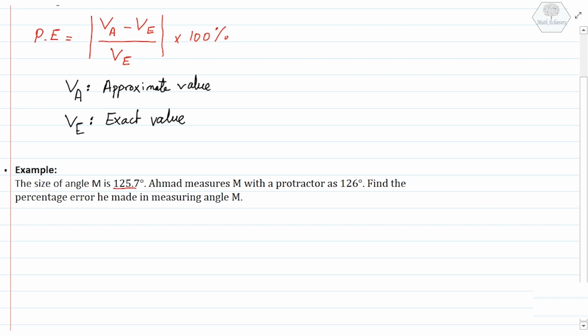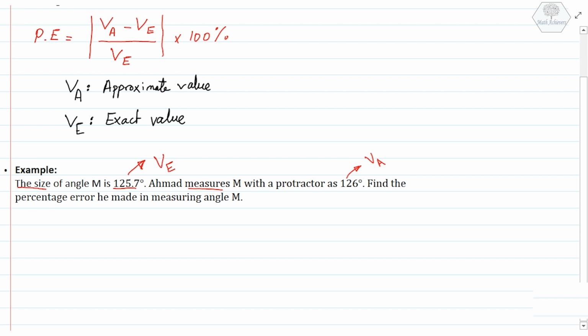Since it is said that this is the size, then it's a fact, so I consider this value to be V exact. And Ahmed measures M with a protractor as 126 degrees. Since he measures this value, this value is considered to be the approximate value, which is VA.